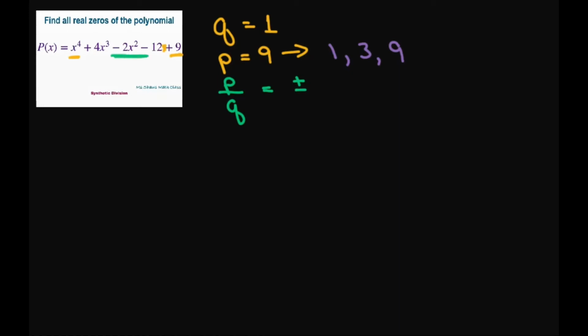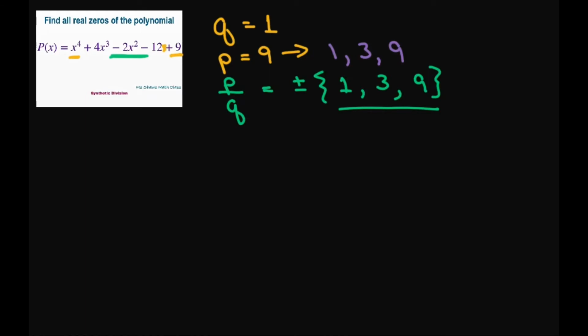So plus and minus, 1 divided by 1 is 1, 3 divided by 1 is 3, and 9 divided by 1 is 9. So basically there are 6 possible zeros when you count the plus and minus.